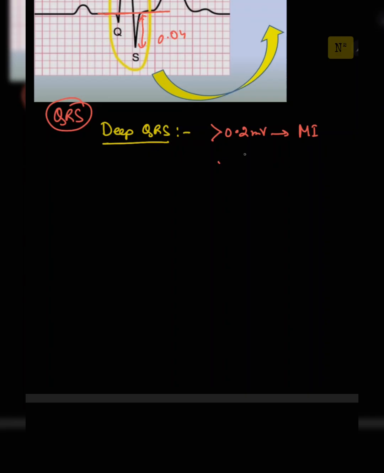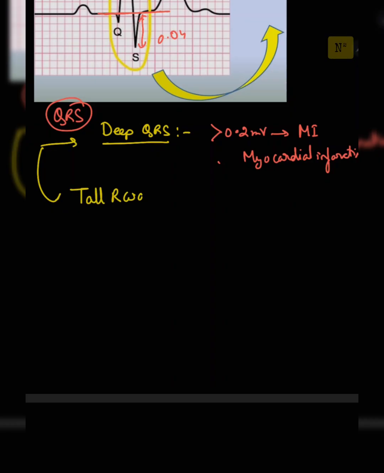Then you might also get some QRS complexes having a tall R wave. These tall R waves are found to have the y-axis, or the amplitude, of more than 1.3 millivolt. These are usually seen in conditions like ventricular hypertrophy.